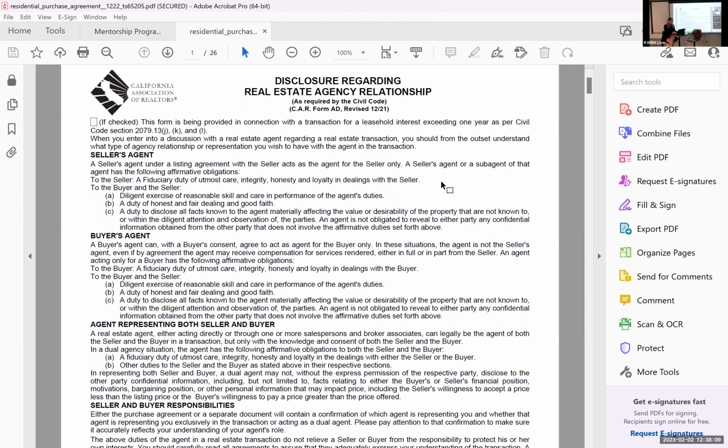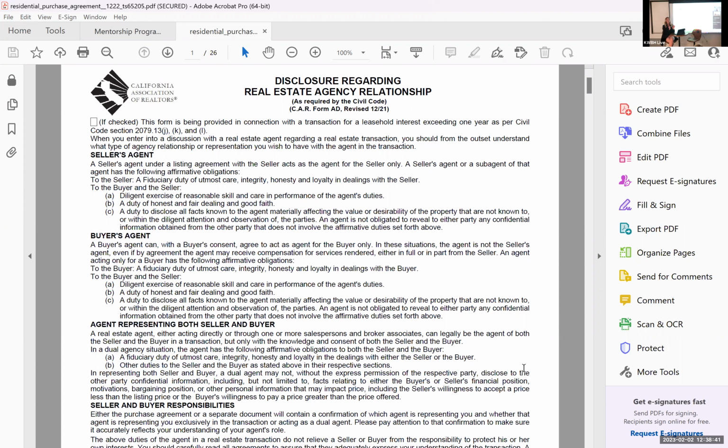So the very first one is disclosure regarding real estate agency relationship. This has to do with what your duties are, what your obligations are, and your agency relationship with your client, okay? In the case that you are representing either seller or buyer, or providing dual representation. Guys, can anyone tell me what dual representation is? A lot of people think dual representation is when an individual agent represents both buyer and seller, and that is correct.